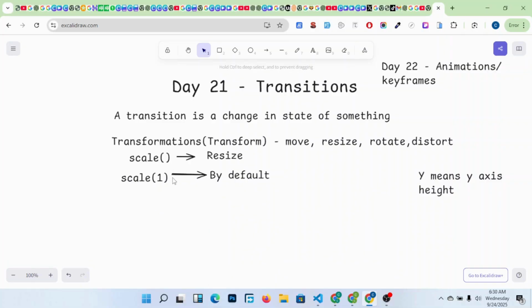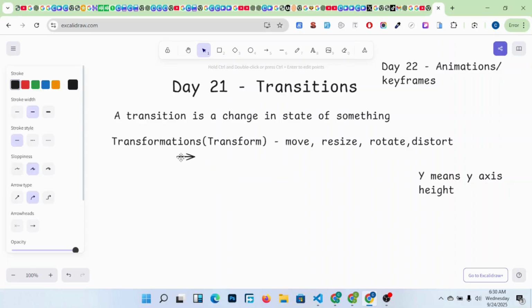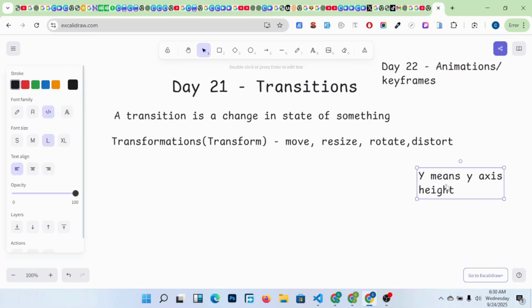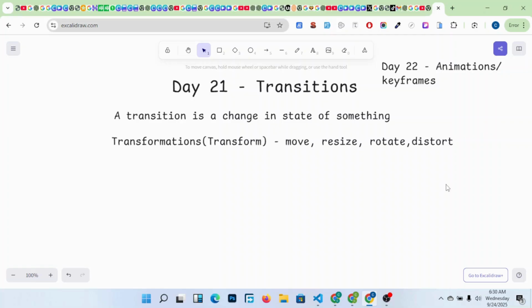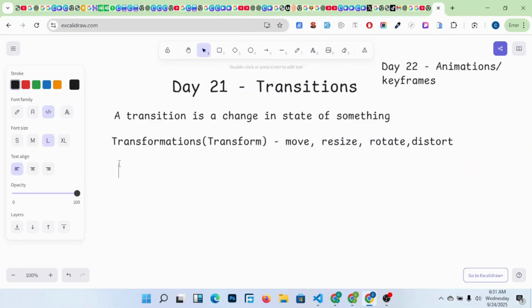So we have another transformation. It is called rotate. Okay. So what does this rotate mean?